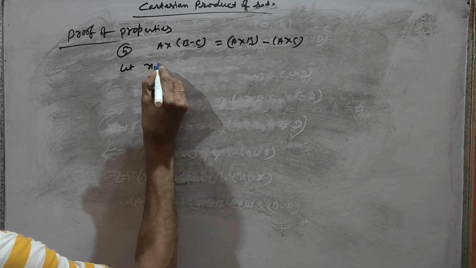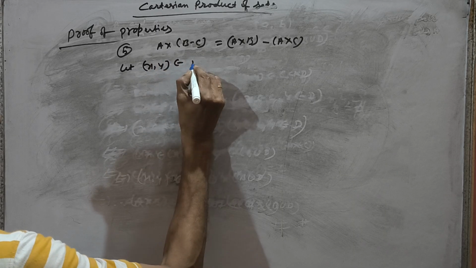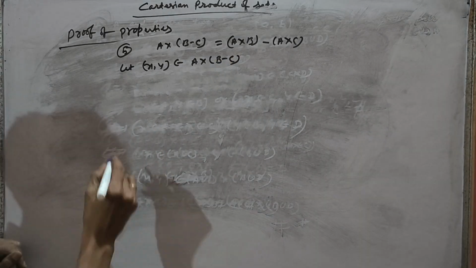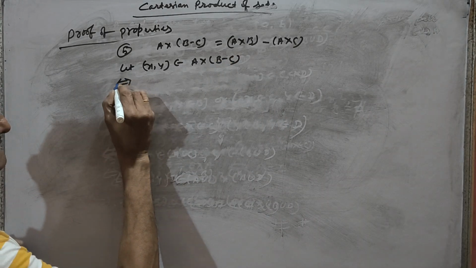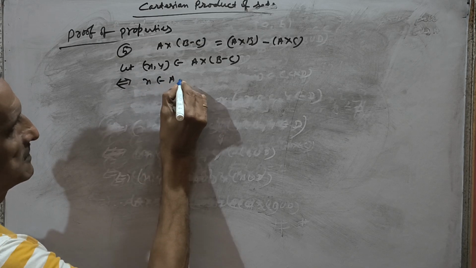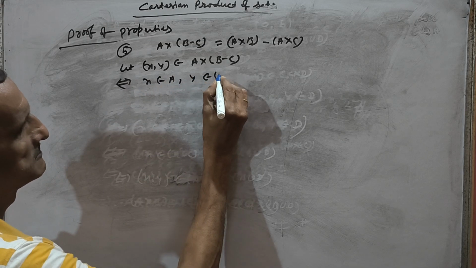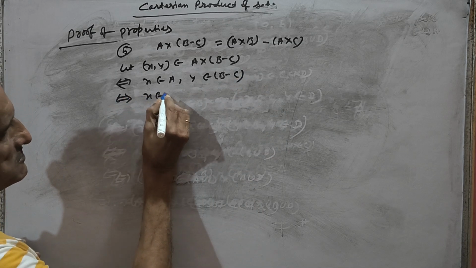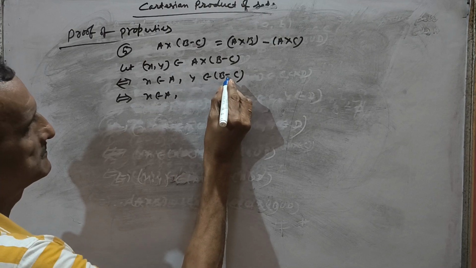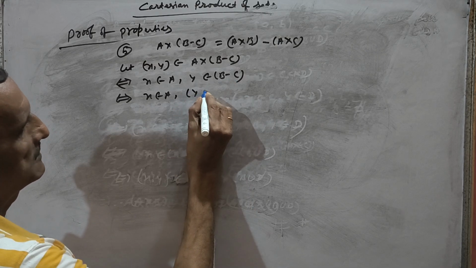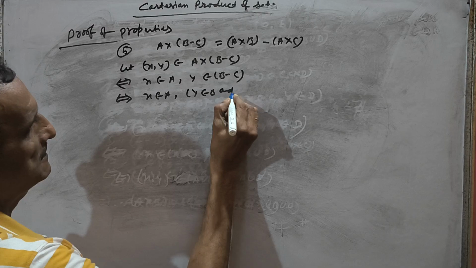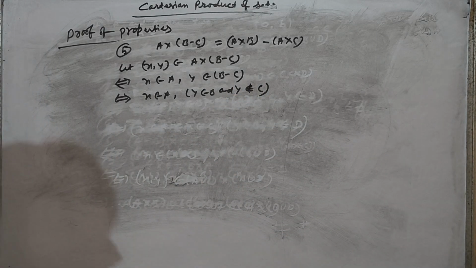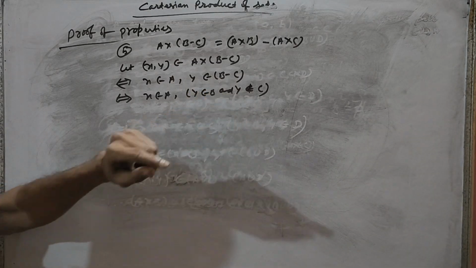Let the ordered pair (X, Y) belong to A cross (B minus C). Write the meaning here: X belongs to A, Y belongs to B minus C. The meaning of B minus C is that Y belongs to B and Y does not belong to C. Understood? This is the difference of sets.